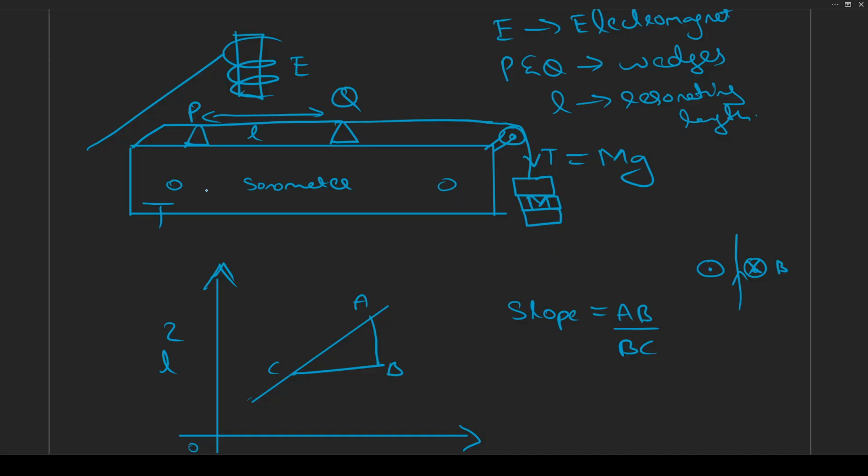Even an alternating current will produce a magnetic field. Due to this magnetic field, this string, which is made of a magnetic material, will feel a force. Normally, this force is single directional in the case of direct current, and the string would get pulled or pushed in one direction.